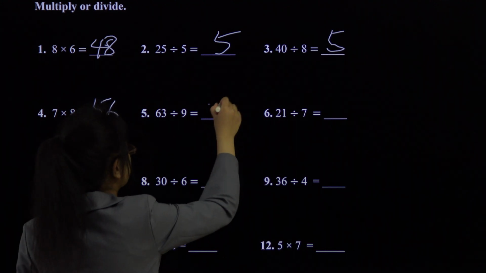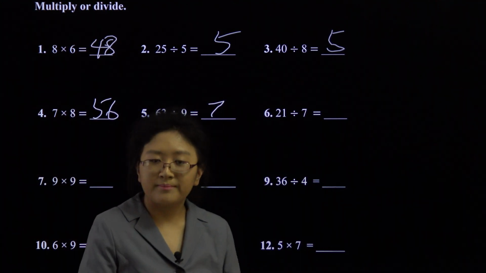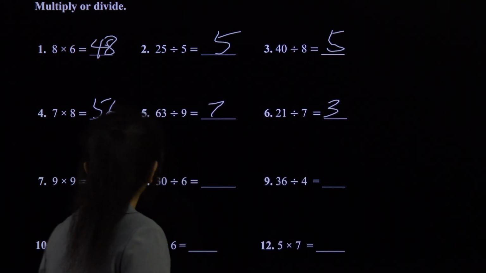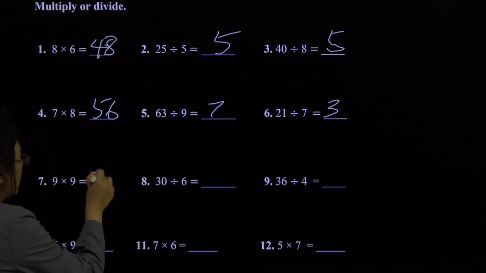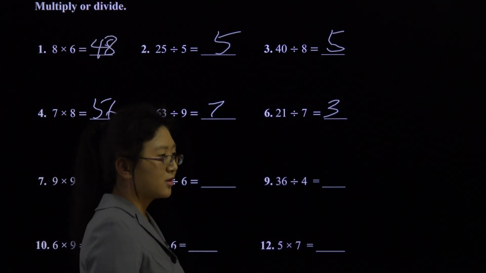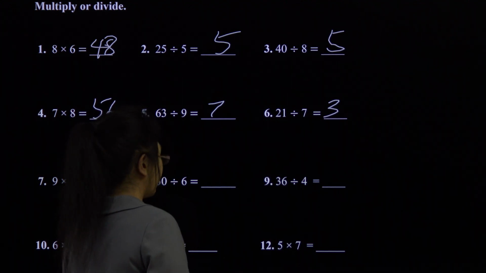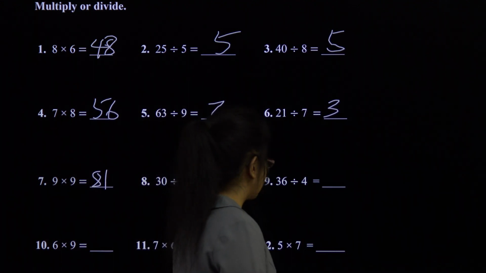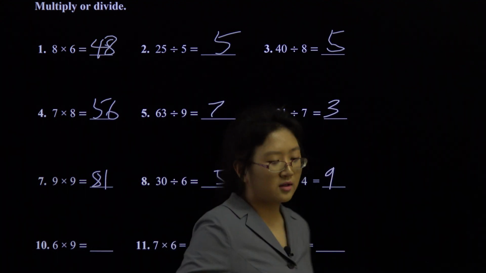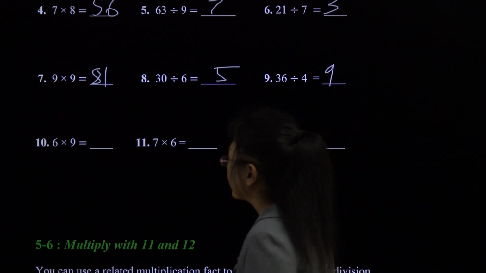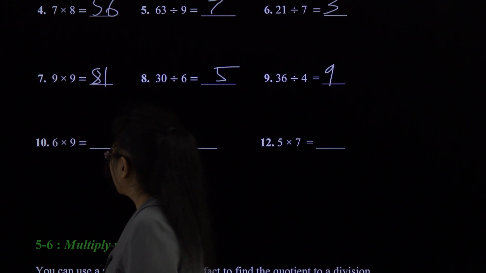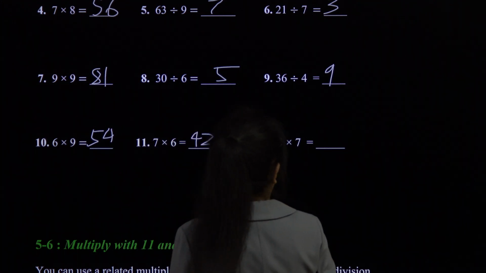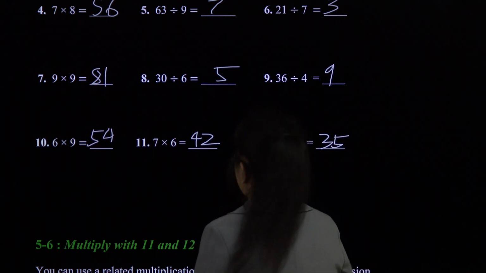So 63 divided by 9 equals 7. 21 divided by 7. 7 times 3 equals 21. 21 divided by 7 equals 3. 9 times 9 equals 81. 30 divided by 6, well, 6 times 5 equals 30, so 30 divided by 6 equals 5. 36 divided by 4, 4 times 9 equals 36, so 36 divided by 4 equals 9. 6 times 9 equals 54. 7 times 6 equals 42. And 5 times 7 equals 35.